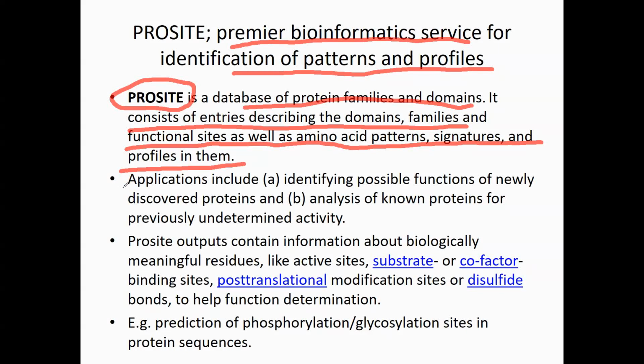Applications of the patterns and profiles in proteins include identifying possible functions of newly discovered proteins. Okay, so you have sequenced a protein which is not present in the database, and you want to find out the properties of that protein.